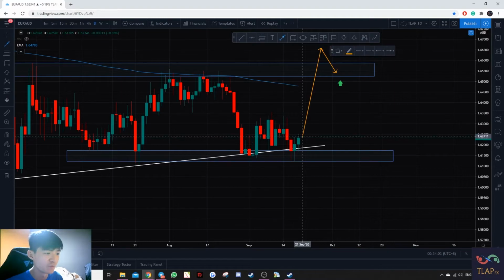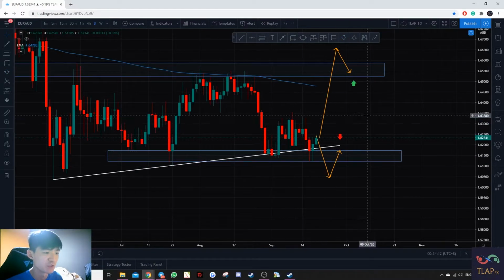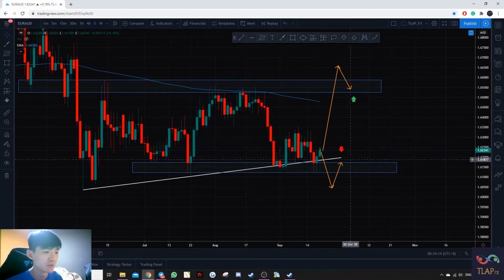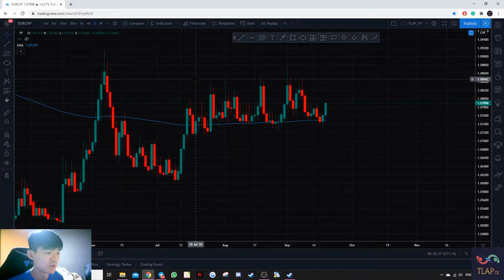If not, we can actually look for a breakdown and retest before looking for selling opportunity over here. So this would be for breakout traders, and for range traders, you can actually look for buying opportunities upon market opening.